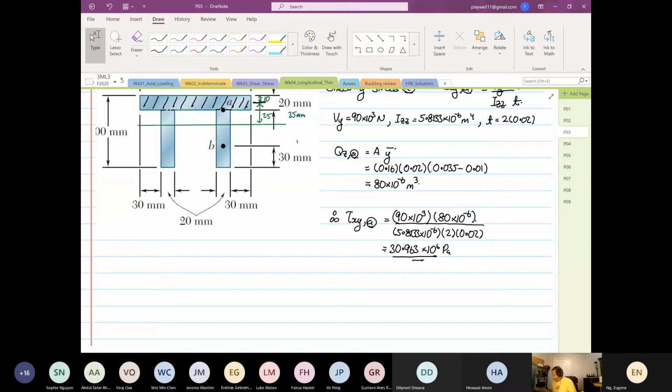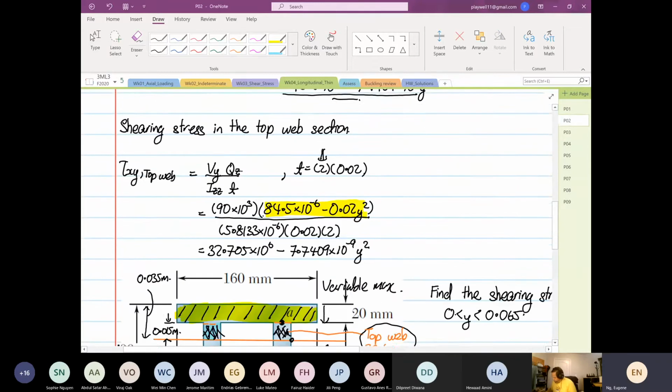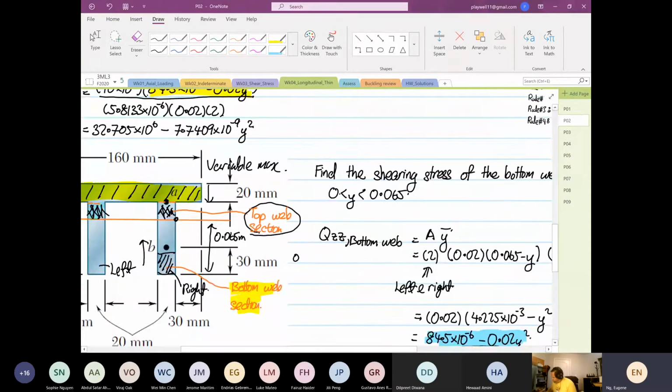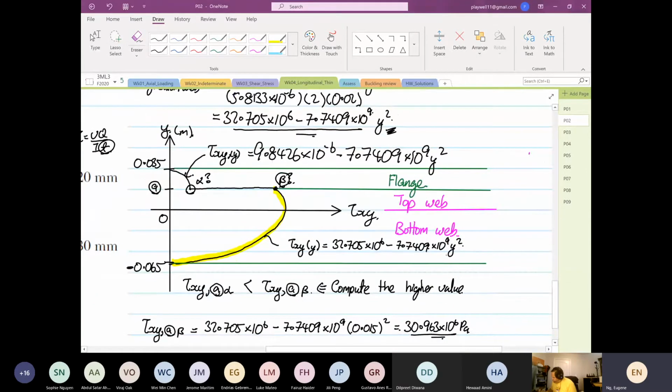So if you use this equation, you have to use this function over here. You don't use this function because for this function the thickness is equal to 0.16. Whereas for this equation over here, the bottom one, the thickness is equal to twice of 0.02.